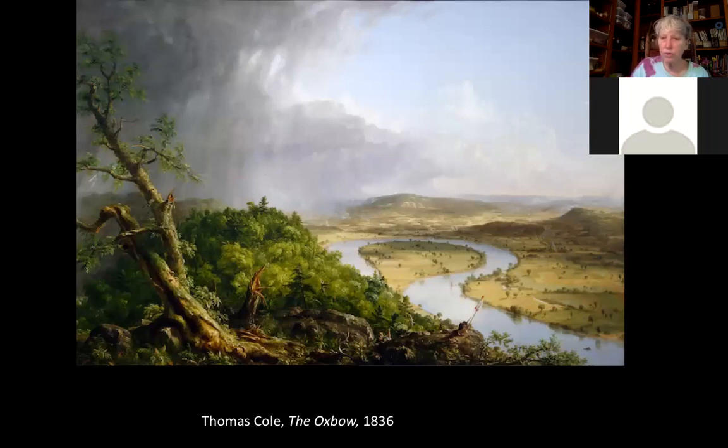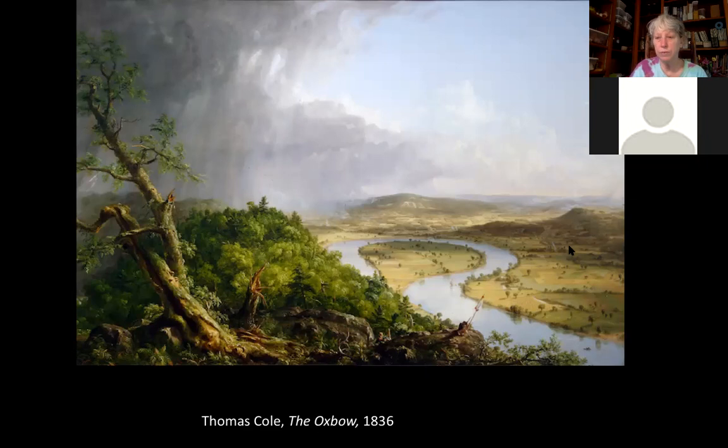But also Cole knows about this whole thing about the sublime, but he's divided his canvas into two halves, roughly, on a diagonal. So there's this half over here, which shows this wild, untamed wilderness area on a mountain. And then on this side, especially if you can get in close, and this is a fairly large painting, so when you see it in a museum, you can get up close and look at all the little things that are happening down here.